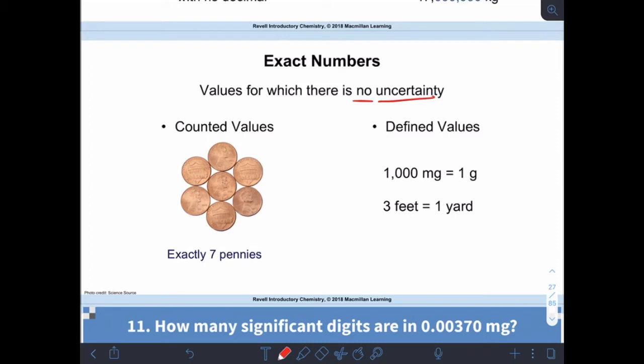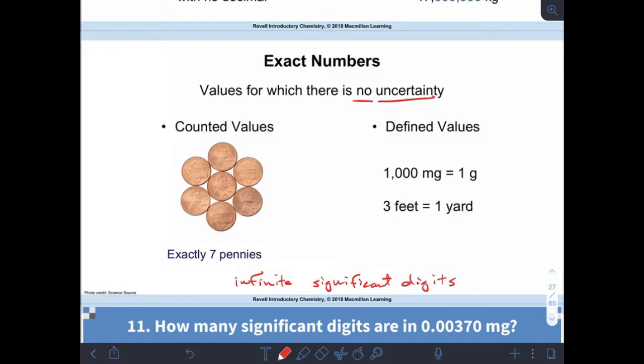Okay, and with exact numbers, we consider those to have infinite significant digits. Okay, the more significant digits you have, the more exact your number is. So if you have infinite significant digits, then you have an exact number.